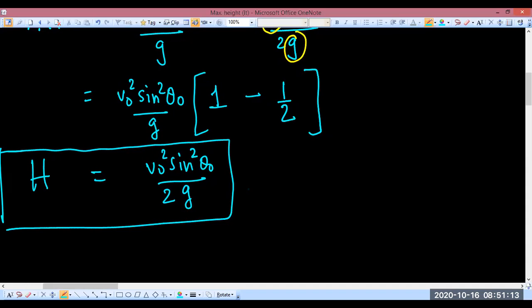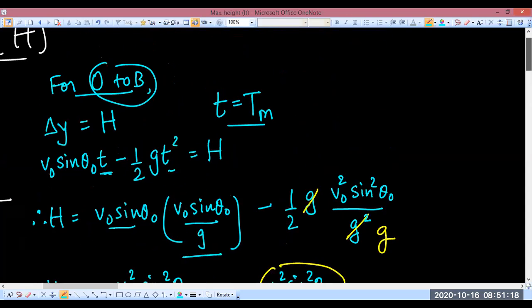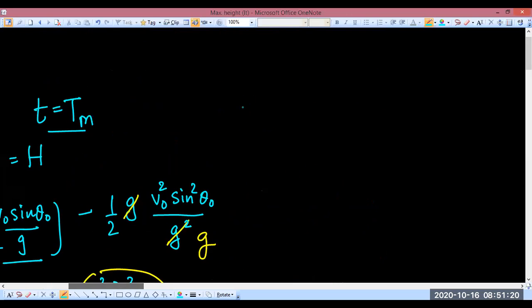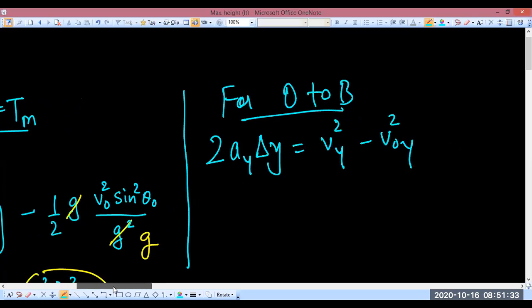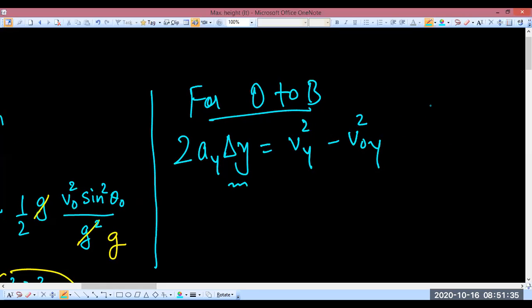Now see, this is fairly complicated in my opinion. It becomes much easier with another method. Have a look at this. For O to B, if we use the third equation of kinematics. You all know this, right? For y-axis, okay? We are only interested in delta y, not in delta x. So we have used the third equation for y.